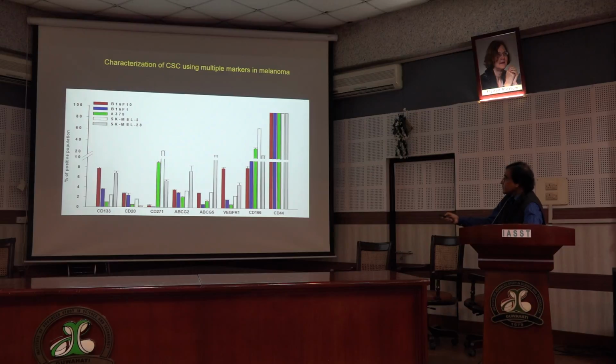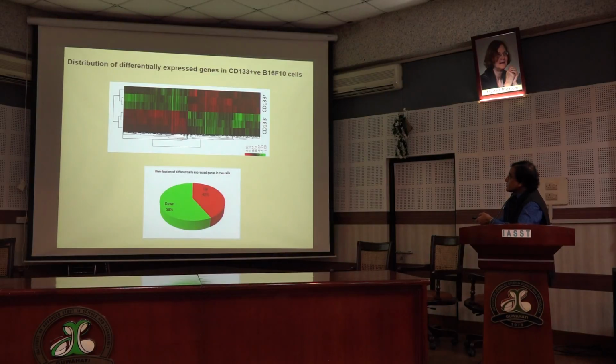Here you can see the red indicates B16F10, then B16F1, then green is A375 human, then SKMEL2 and 28. Basically, when you use B16F10, about 8% of the total cells are cancer stem cells.